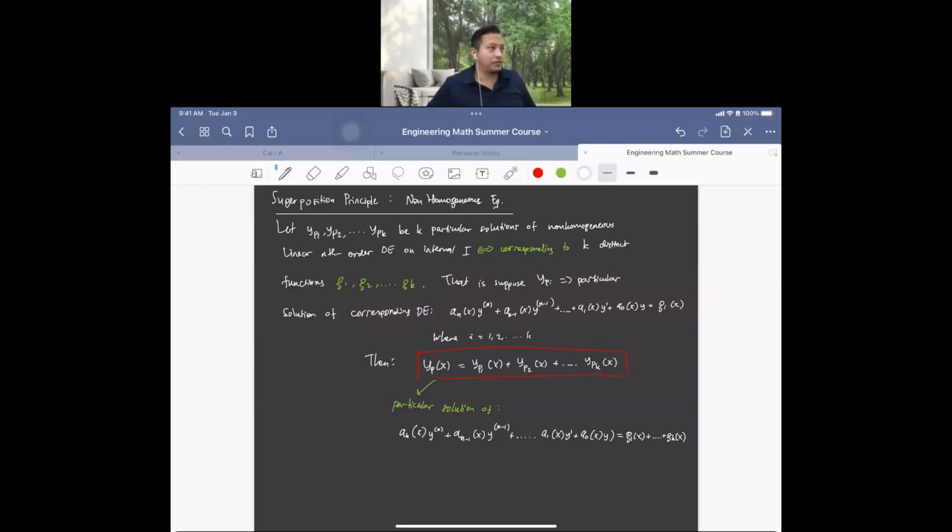Okay, before we move to the next sections, the reduction of order, I would like to give you some brief concepts.